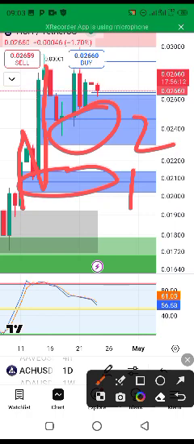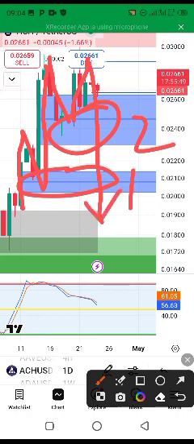But still, when it reached this area, it again came back to fill the gap it had left between these three candles, and then it went high again. That means this fair value gap is also invalid. So now what is valid? The price may come back to the discount zone. That is what is meant by mitigation. So these two fair value gaps are no longer valid. Okay, I hope that is clear.